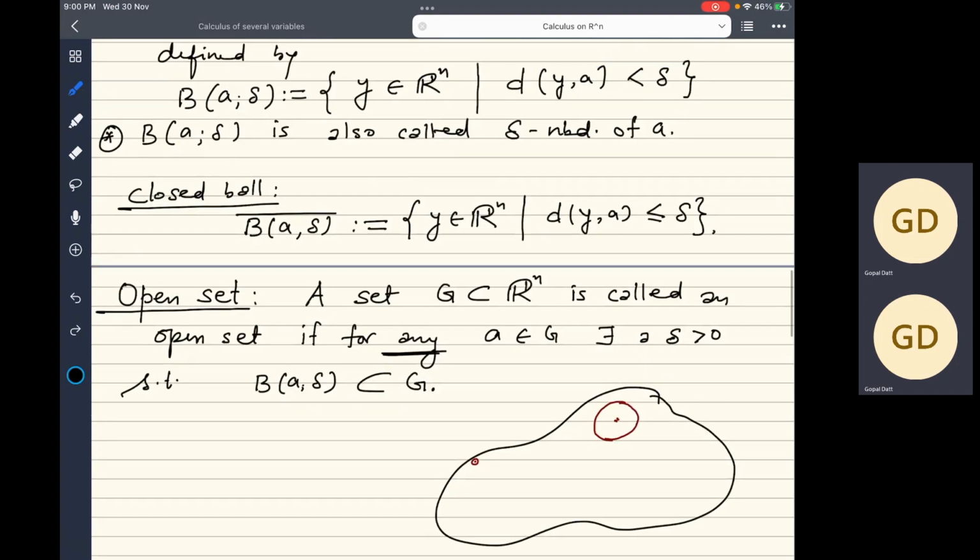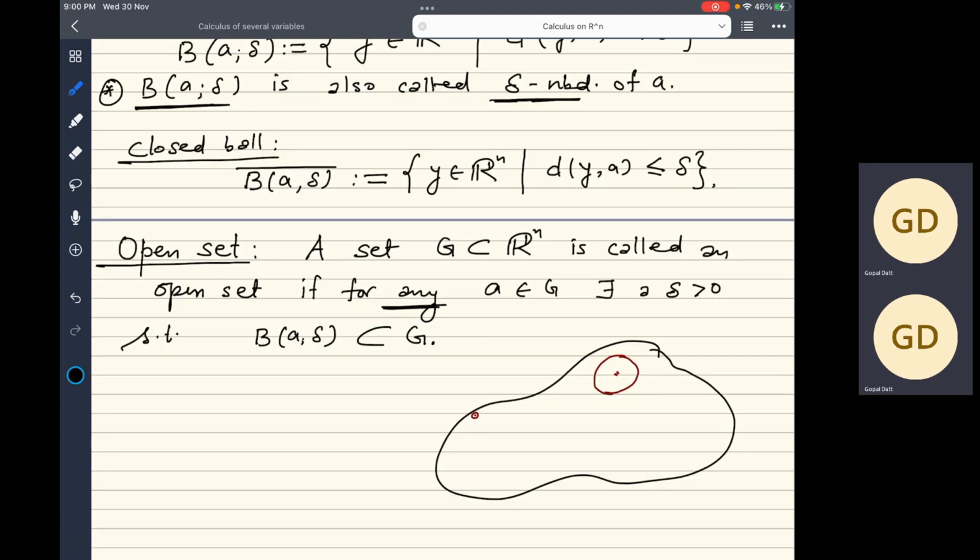We are saying this B(A, delta) is the delta neighborhood of A. So a subset of Rn is called a neighborhood of point A if it satisfies this property.